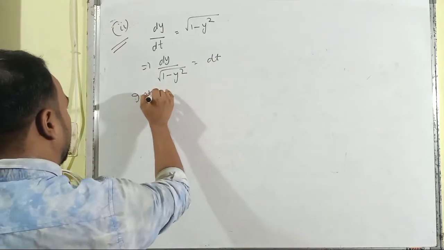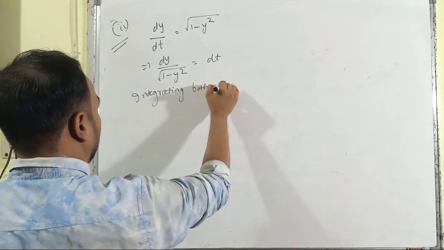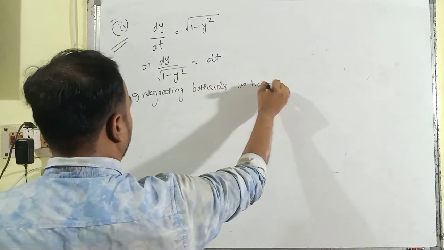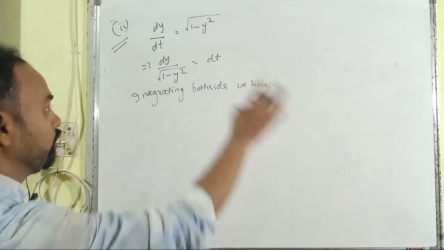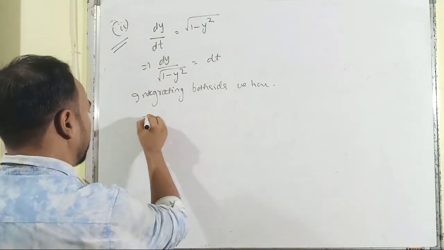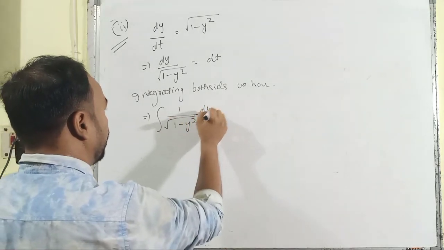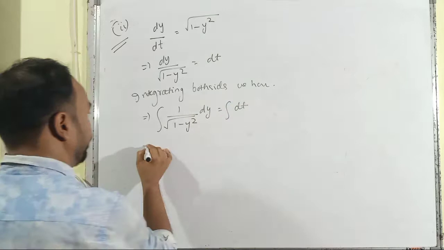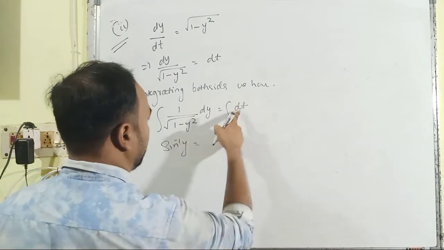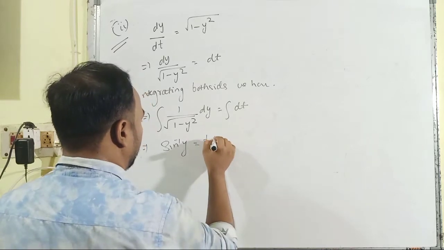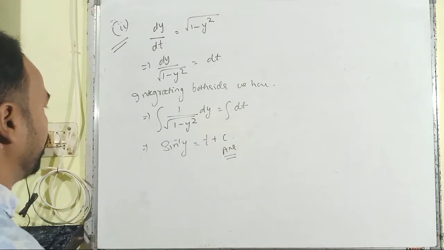Then integrating both sides, that means we integrate the left hand side with respect to y, and the right hand side with respect to t. Then it is sin inverse y is equal to the integral of dt, it is t plus c, and this is your final answer of the second bit of number 4.